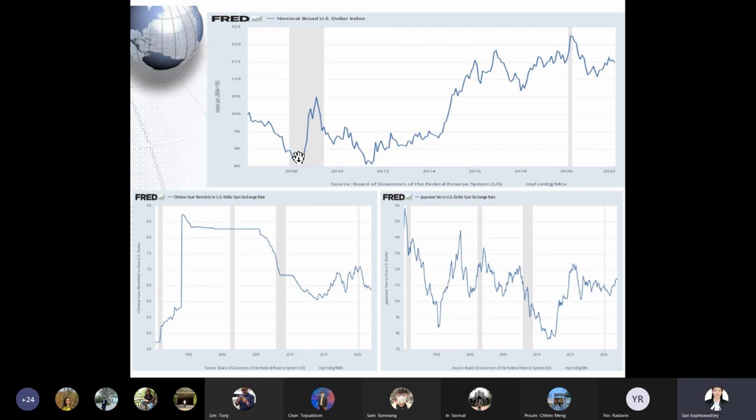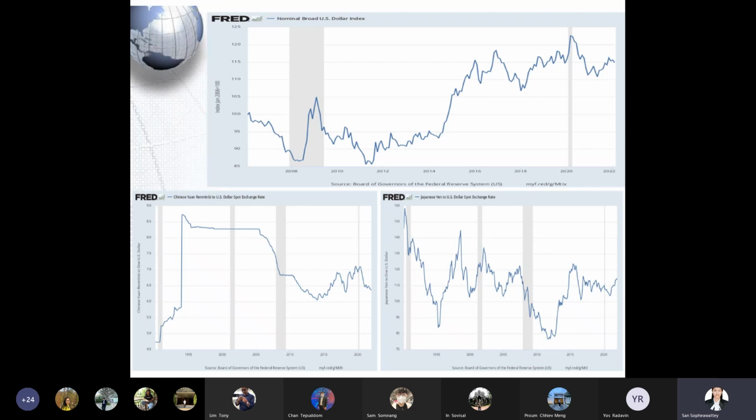So going down means depreciation, going up means appreciation, and the shaded areas indicate the crisis. During this time, we already know it's the GFC. During this time, it's the pandemic. So you can see that so far, the US is having appreciation against its trading partners. That explains why the US has current account deficits.